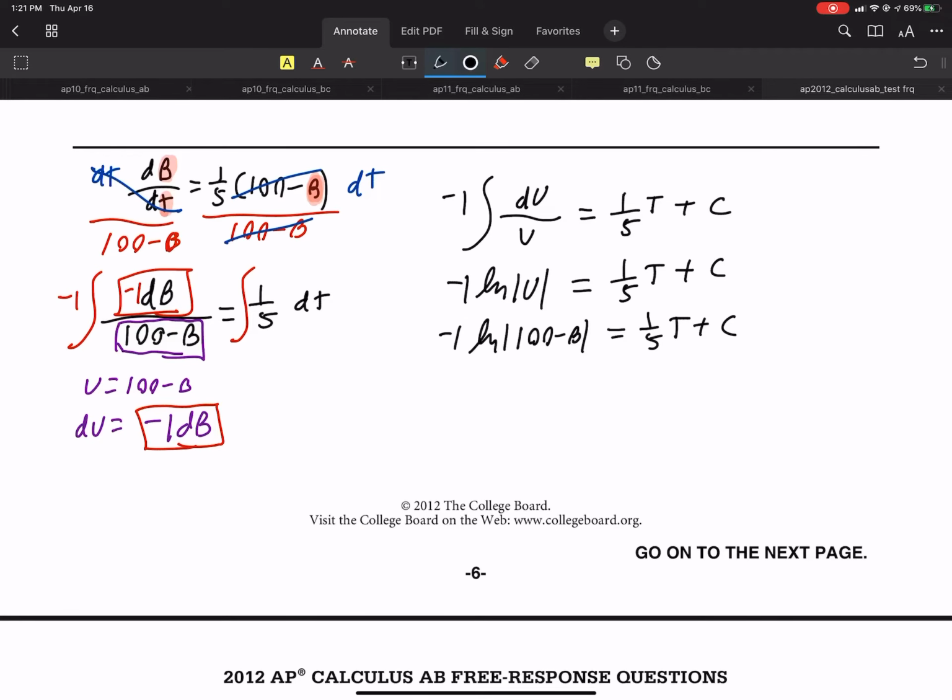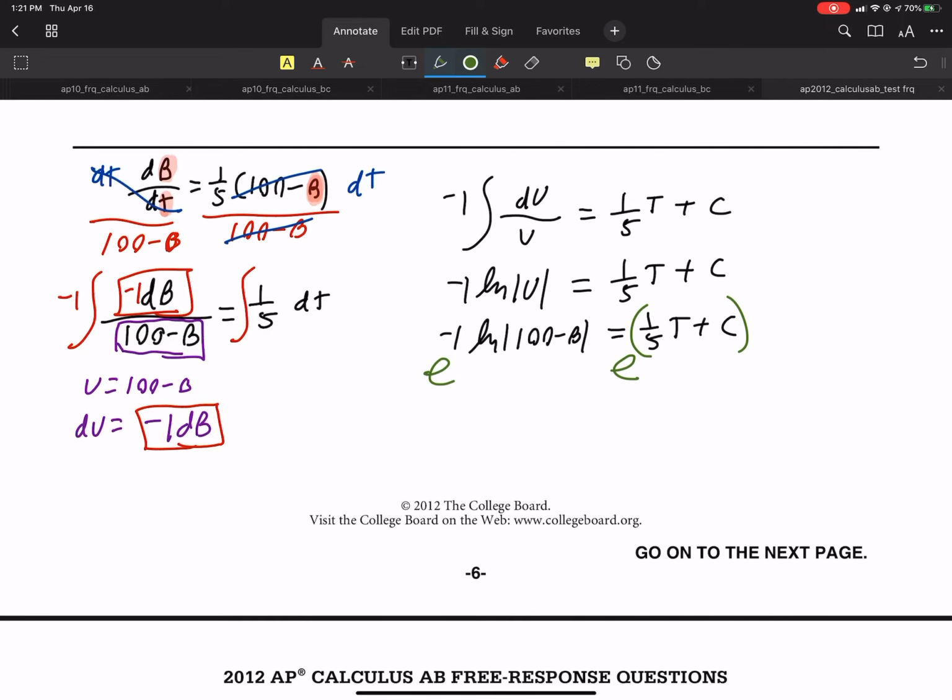All right, this is very ugly, and I need to get rid of the ln. So I need to use an exponential function base e. But we have a problem. If at this point I try to do this and make the ln cancel, I can't, because this -1 is in the way.